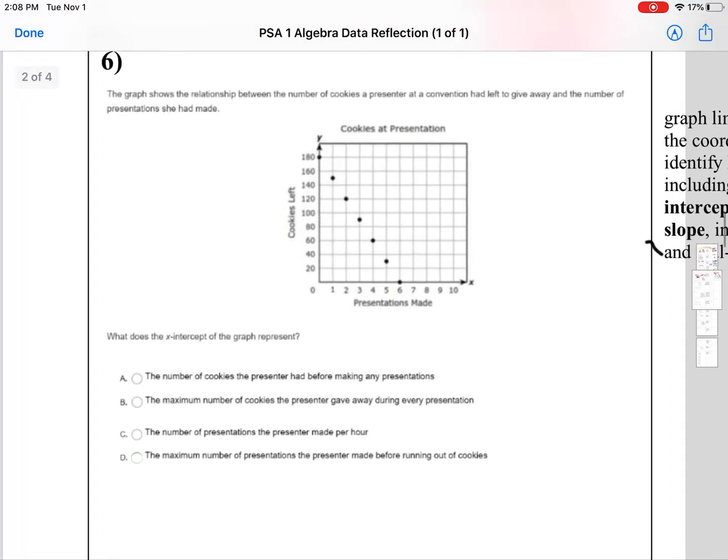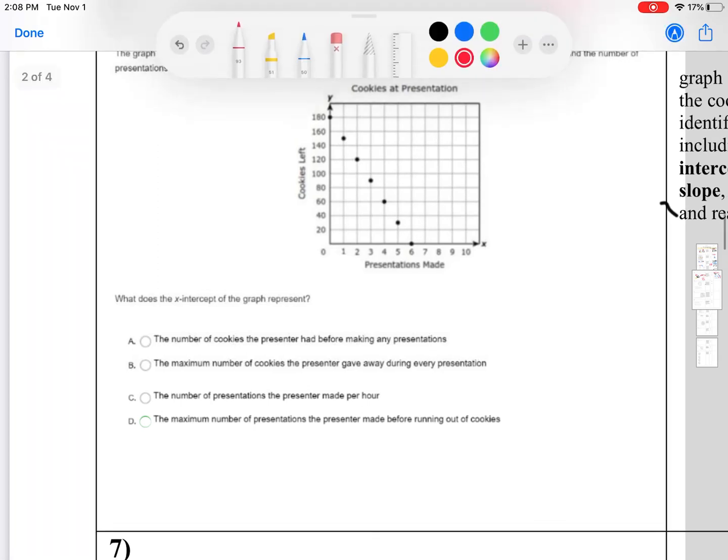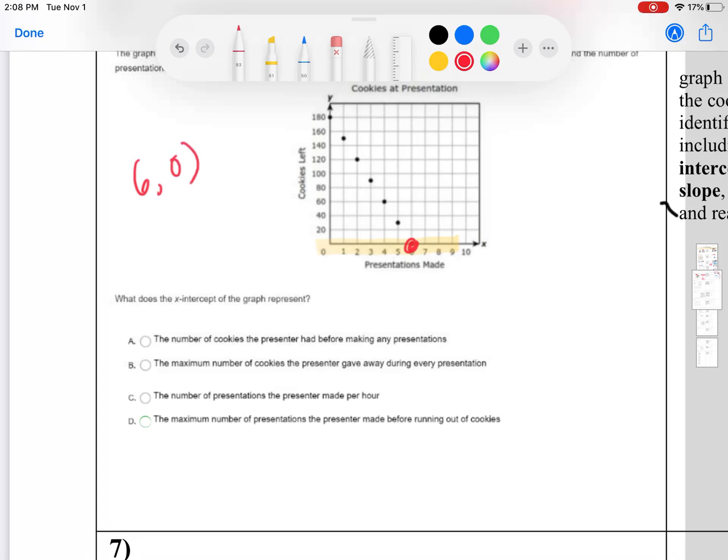Okay, number 6 is pretty easy. Number 6 says, what does the x-intercept represent? Well, the x-intercept is where your line touches the x-axis. So that's talking about 6. It's the ordered pair, 6, comma, 0.